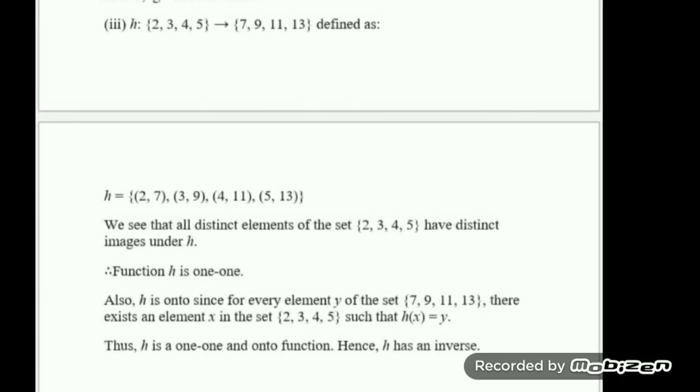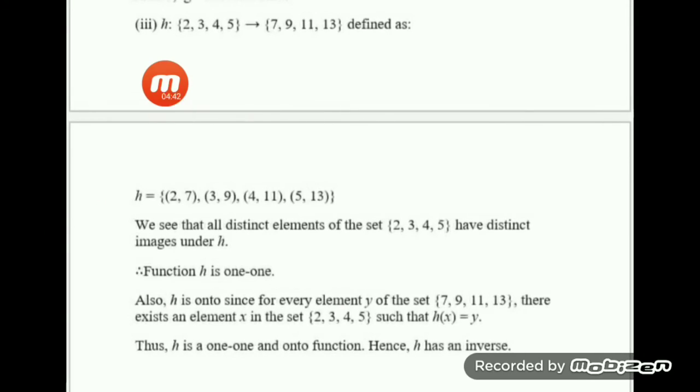Let us see. Here you see I am writing the given function. It is defined like this. We see that all distinct elements of {2, 3, 4, 5} have distinct images under the function h. Therefore, the function is 1-1.